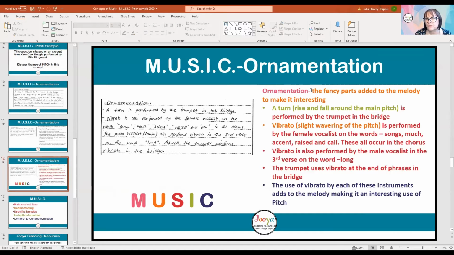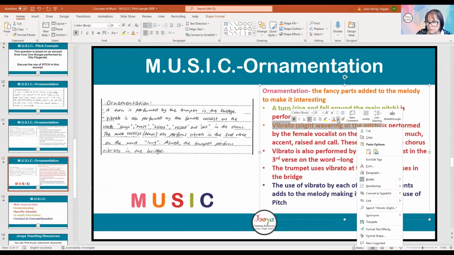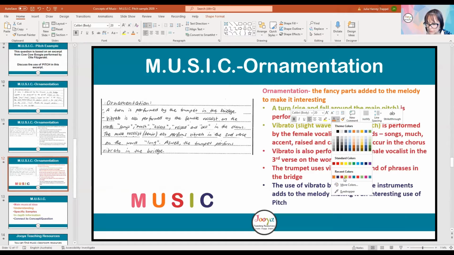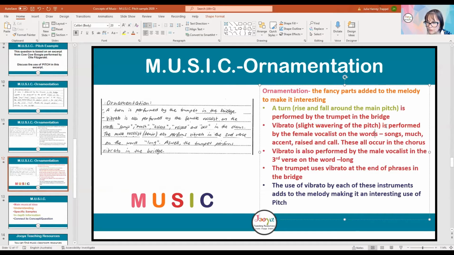And then the definition, showing the understanding of that, is the fancy parts added to the melody to make it interesting. Sorry, I'll come back to that. It's actually in-depth information.